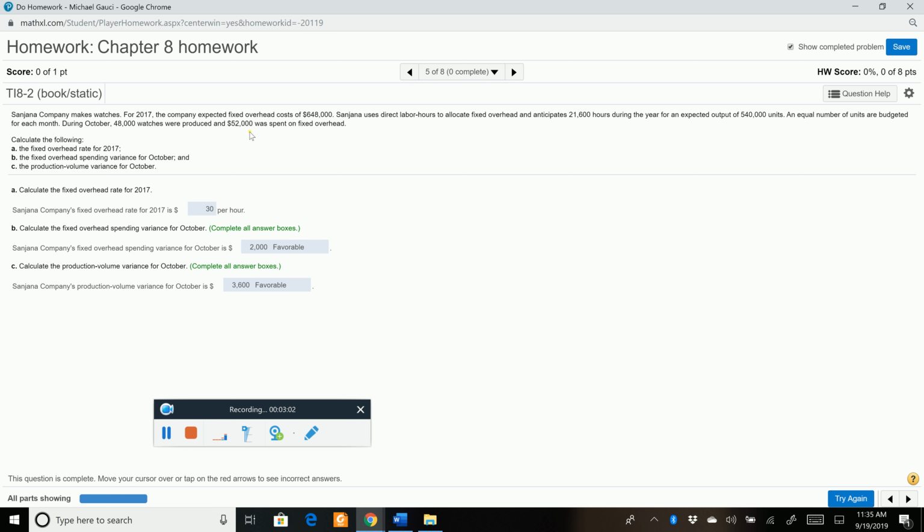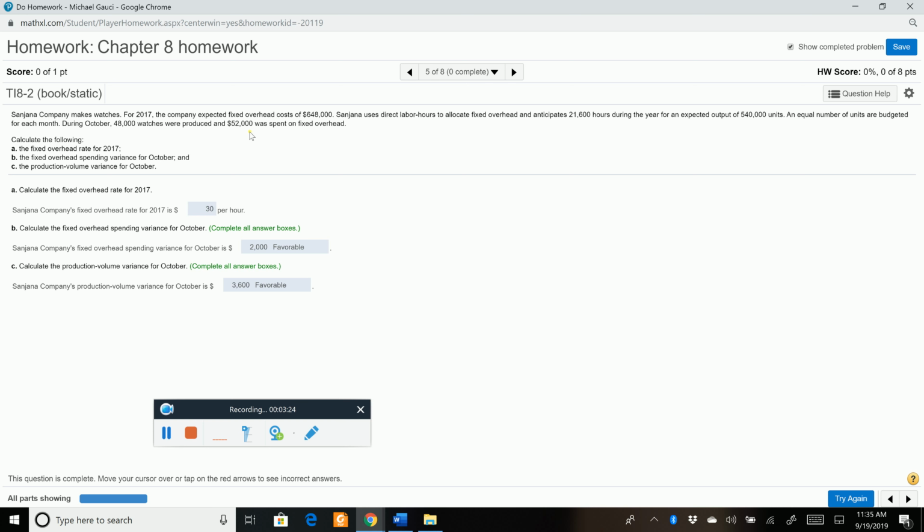Now the production volume variance, and that's where we compare the monthly budget of $54,000 and what we actually allocated to the WIP account for the month of October. So the allocation is going to be based on this level of activity.